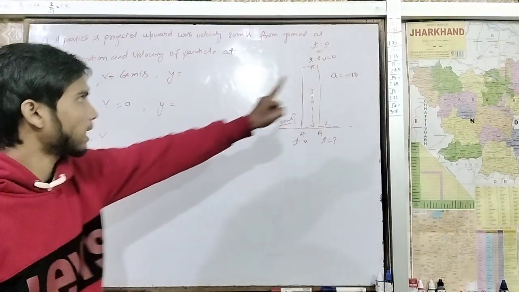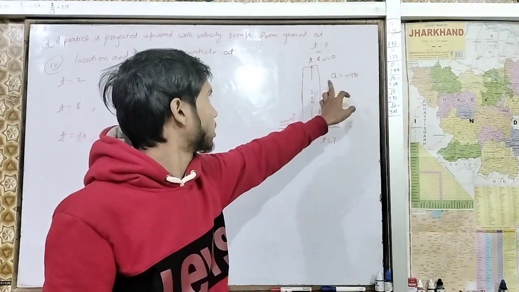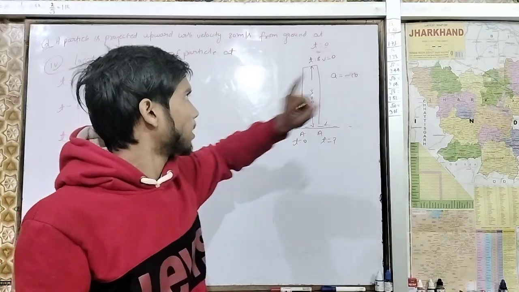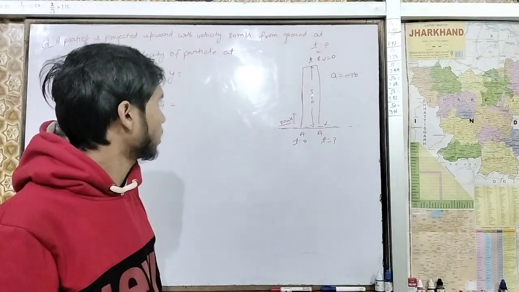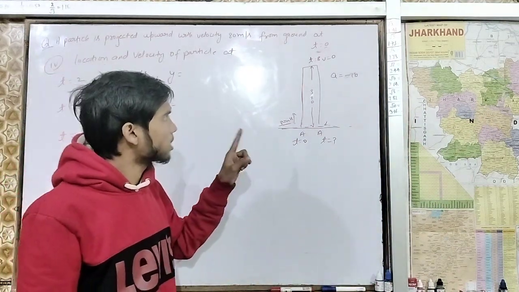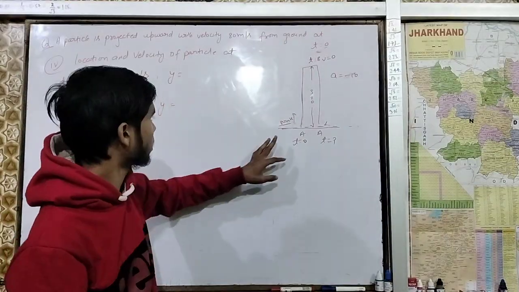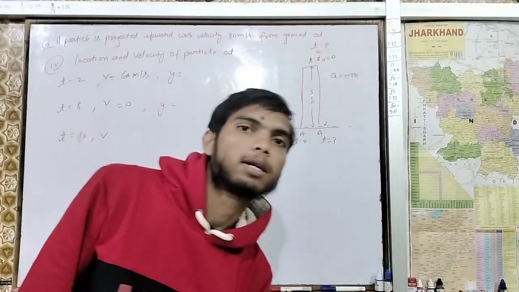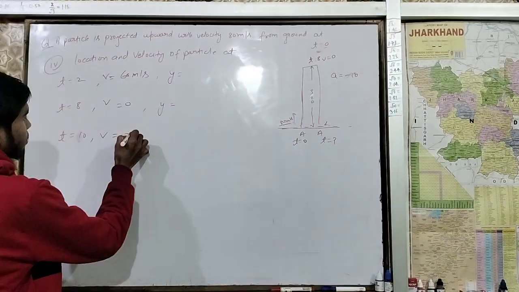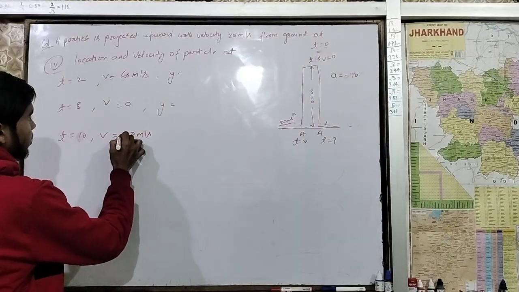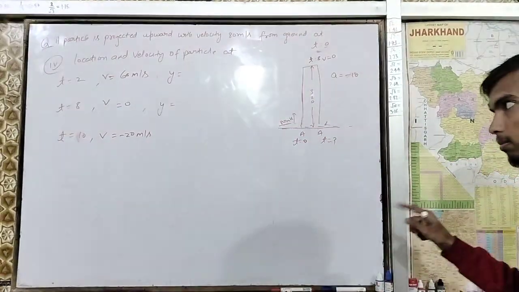At 10 seconds, 10 multiplied by 10 would be 100. 100 minus 30... 100 minus 80 means minus 20. Minus 20 meter per second. With this much velocity, the particle will come downward.